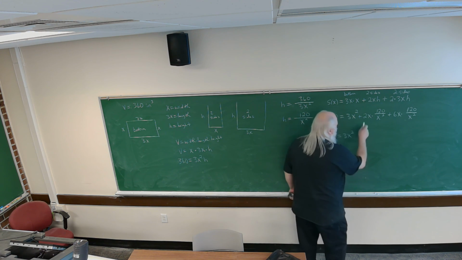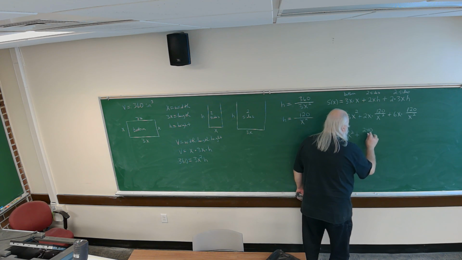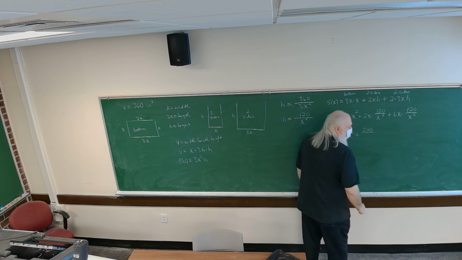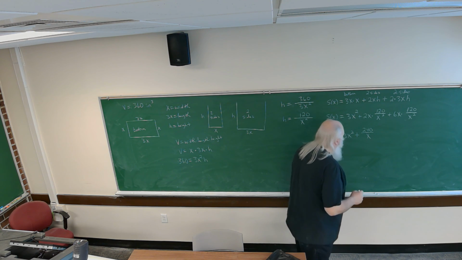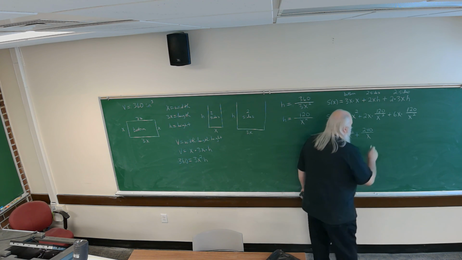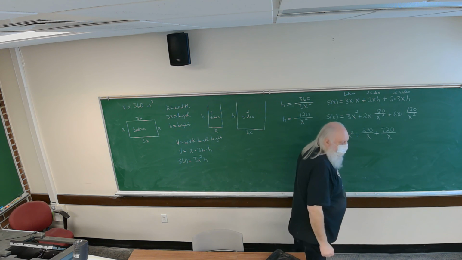In this first term, 2 times 120 is 240, and x over x squared, x is canceled, I'm just left with x in the denominator. 6 times 120 is 720, and x over x squared simplifies to 1 over x, right?